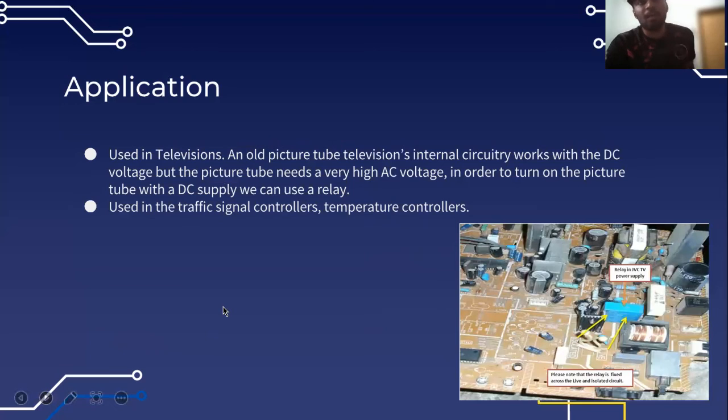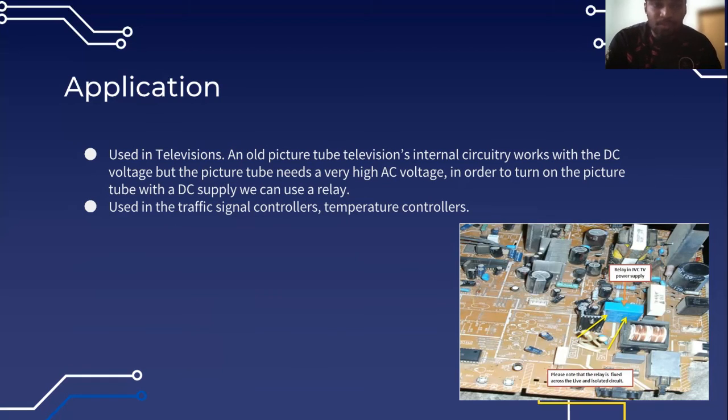So we've seen how relays are used from an industrial and engineering standpoint. Let's see how relays can be used in the things that we use daily. So first of all, televisions. An old picture tube television's internal circuitry works with DC voltage, but the picture tube needs a very high AC voltage in order to turn on.